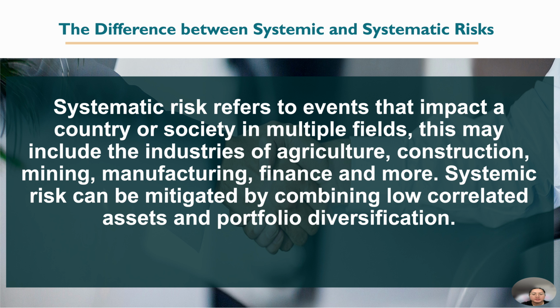So, systematic risk refers to events that impact a country or society in multiple fields. This may include the industries of agriculture, construction, mining, manufacturing, finance, and more. Systemic risk can be mitigated by combining local related assets and portfolio diversification.